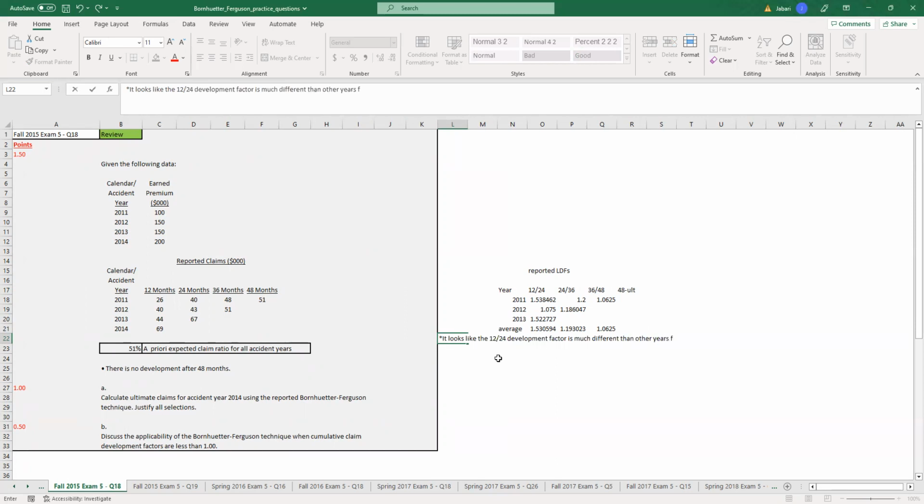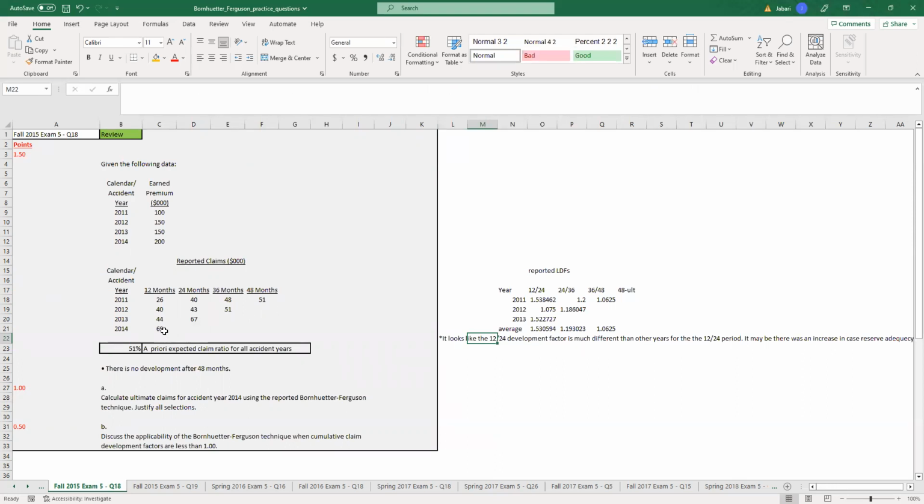There was an increase in case reserve adequacy during that period, as claims also increase.